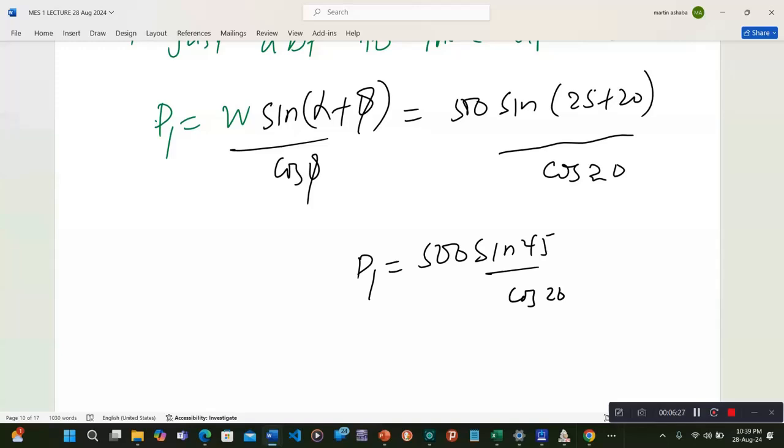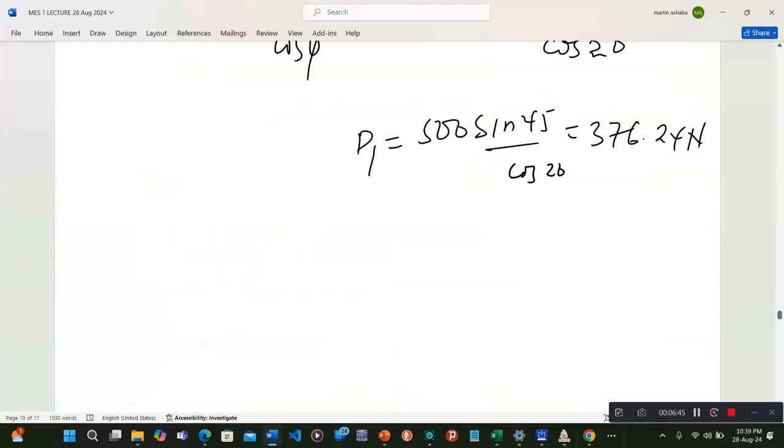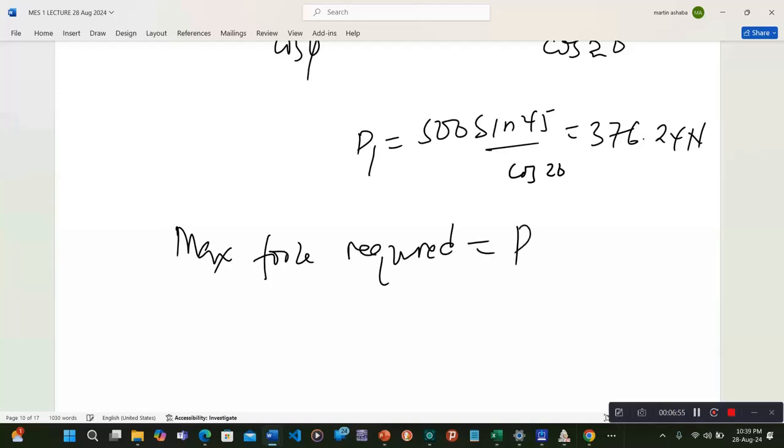So sine 45 divided by cos 20 times 500. So the answer is 376.24 newtons. So the maximum force required is equal to P1, which is equal to 376.24 newtons.